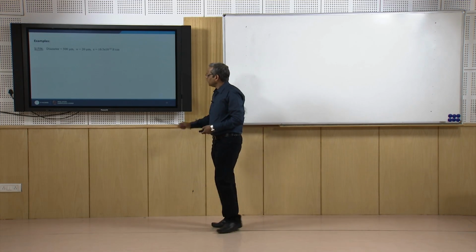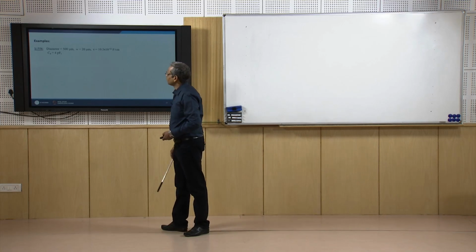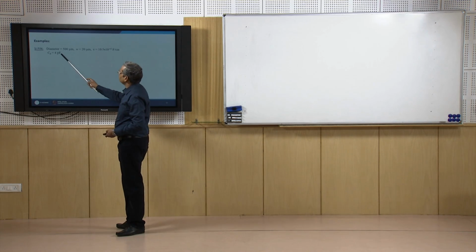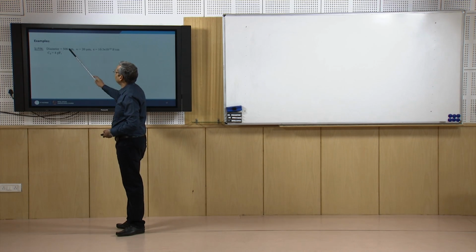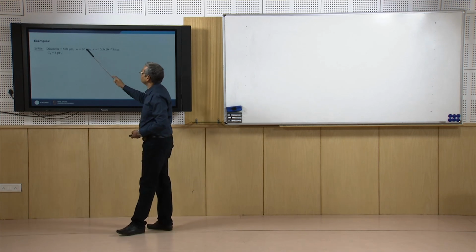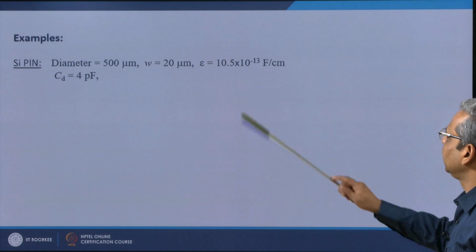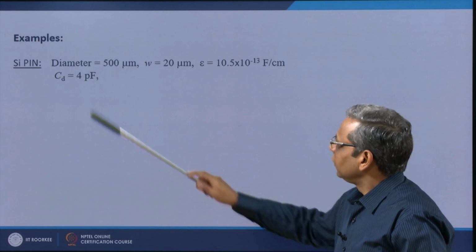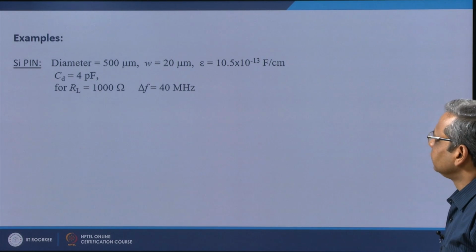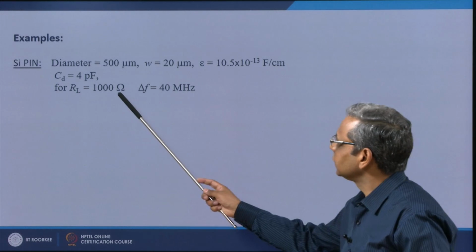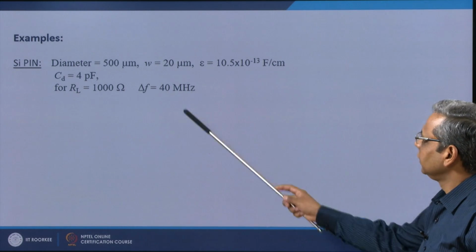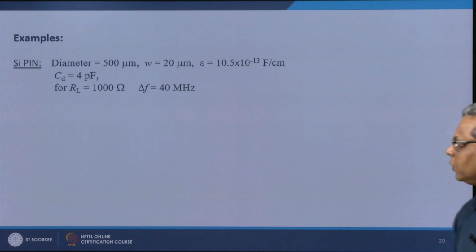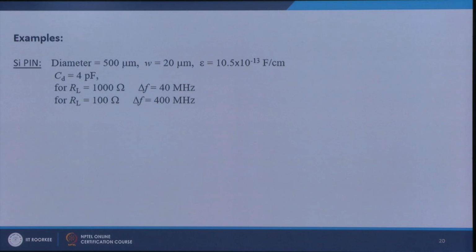So, in the end, let me work out an example. If I have silicon pin photodetector with diameter 500 micron, junction width 20 micron and epsilon this much, C D would be 4 picofarad. If I have a load resistor of 1 kilo ohm, then bandwidth would be about 40 megahertz.